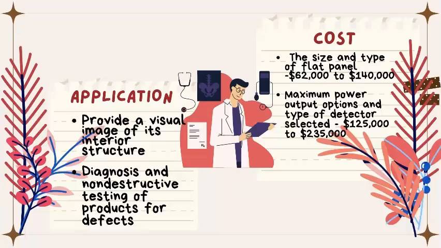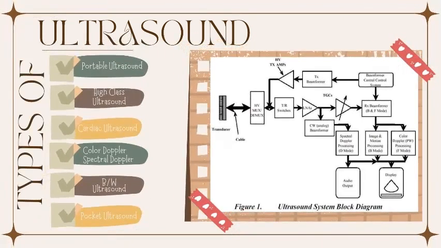It also depends on maximum power output options and the type of detector selected, which can cost between $125,000 USD to $235,000 USD. Now, let's jump into the ultrasound machine.